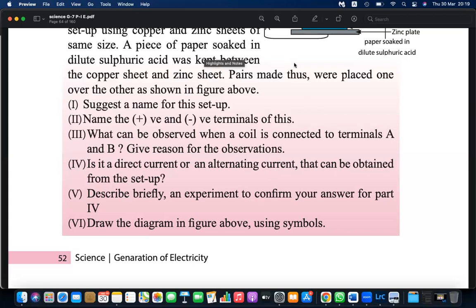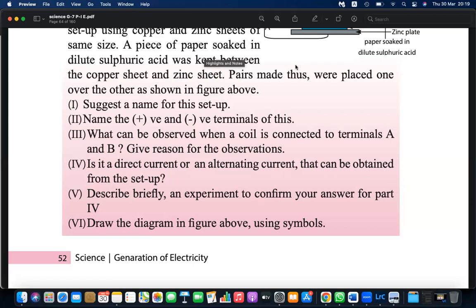Okay, then next one. Briefly describe an experiment to confirm your answer for part 4.